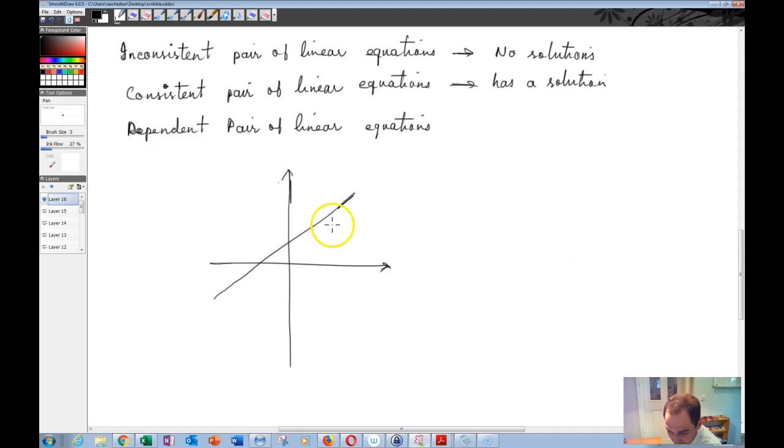What that means is that a pair of linear equations which are equivalent has infinitely many distinct common solutions.